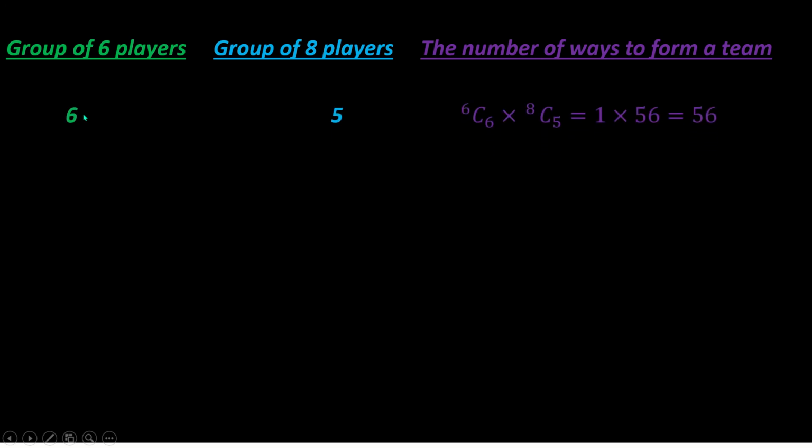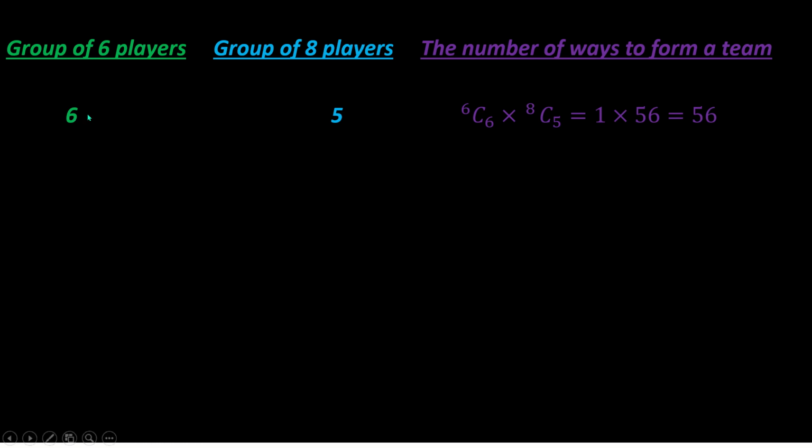At first, I have taken 6 players because we can take 4, 5 and 6, as the question was at least 4 players from the group of 6 players. So total number will be 11. So from the other group we have to take 5. As a result, 6 plus 5 will be 11.